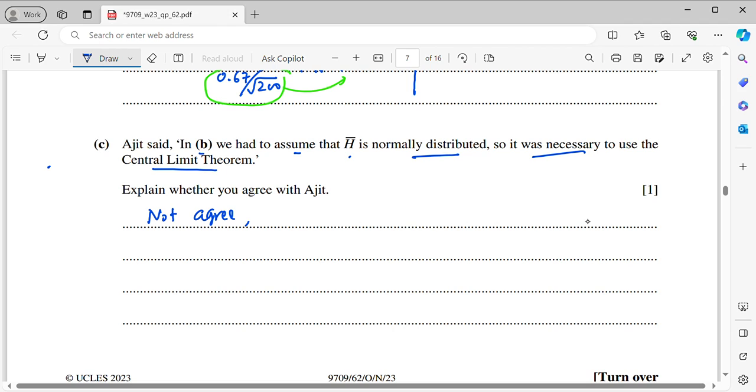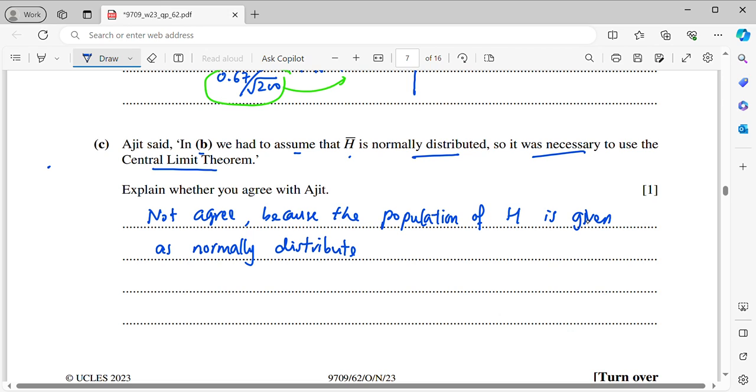Okay, because the population of h is given as normally distributed with known variance.